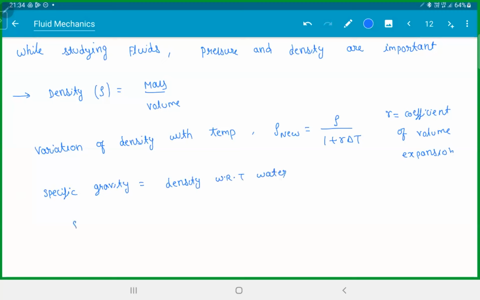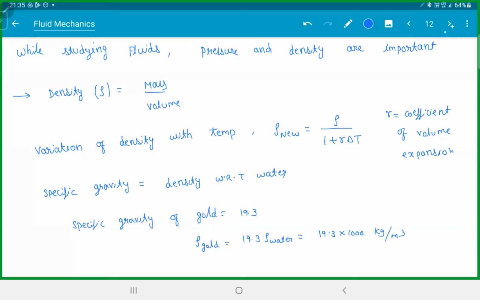So if someone says specific gravity of gold is 19.3, meaning he is saying the density of gold is 19.3 times the water. And the density of water is 1000 kg per meter cube. So that's it. So specific gravity means it is density with respect to water. Clear?